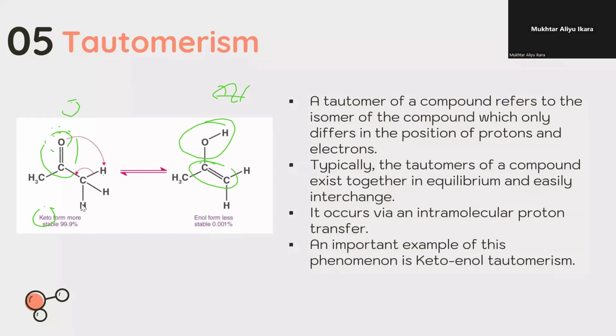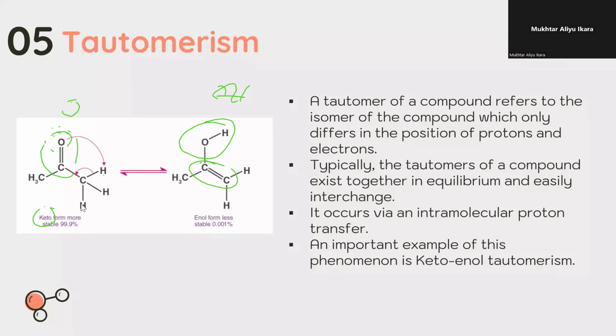So tautomerism is just a change of position of protons or electrons in a compound. Typically the tautomers of a compound exist together in equilibrium and are easily interchanged. They can be interchanged depending on the situation, but they are very stable, and they can exist at equilibrium.